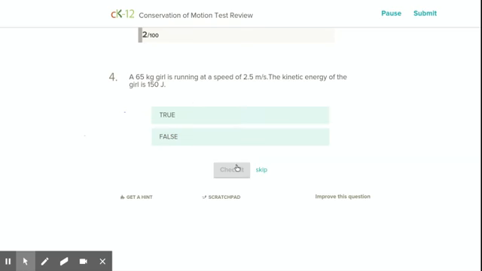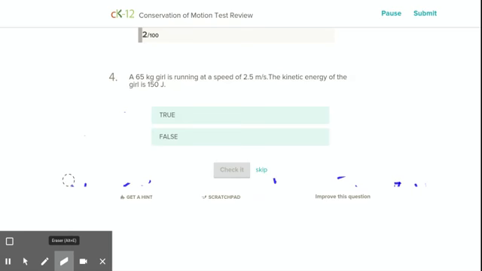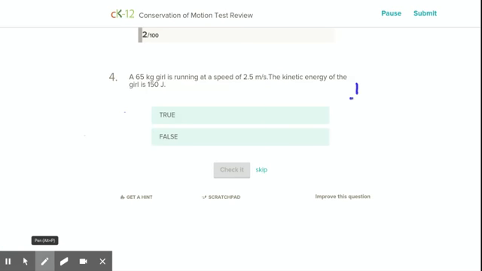Okay? All right. Let's look at number 4. A 65 kilogram girl is running at a speed of 2.5. The kinetic energy of the girl is 150 joule. Is it correct? This is straightforward. All you have to do is use half mv squared.